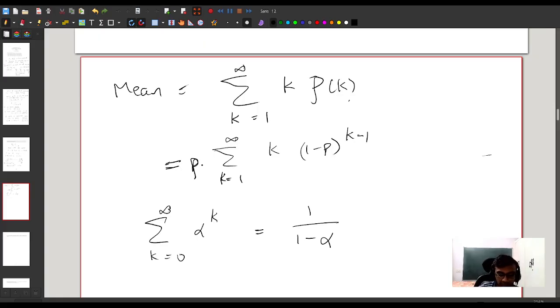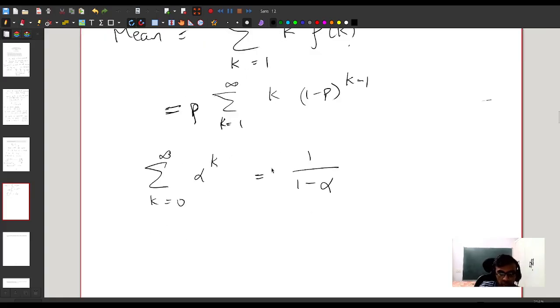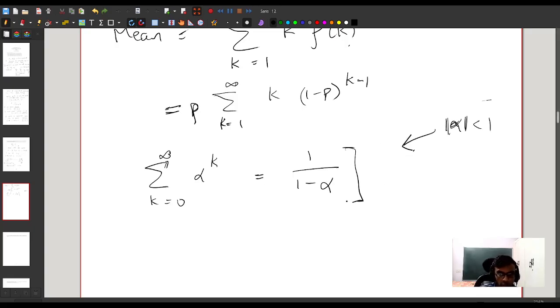This is the formula we need. This is nothing but the geometric series. The magnitude of alpha is less than 1, so this is equal to 1 over 1 minus alpha. We can get to the kind of sum we want just by taking a derivative of this with respect to alpha.